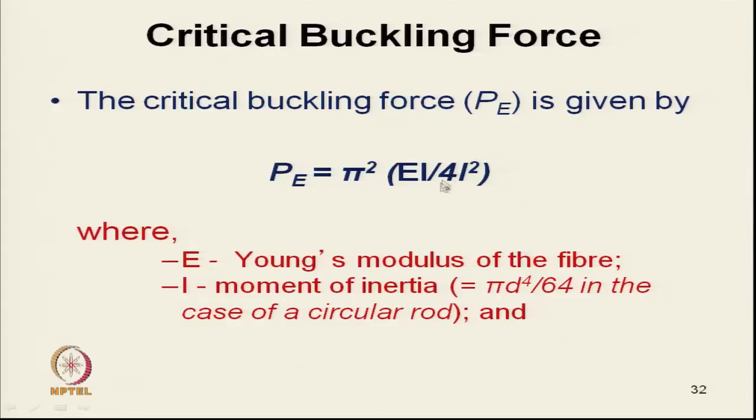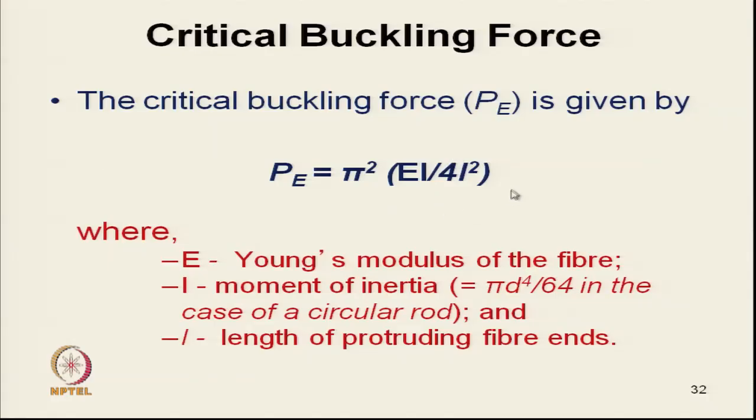Also the length of the hair matters. If the length of the hair is less, it will give more critical buckling force, which in turn results in prickle sensation. So it is inversely proportional to the square of the length of the hair.